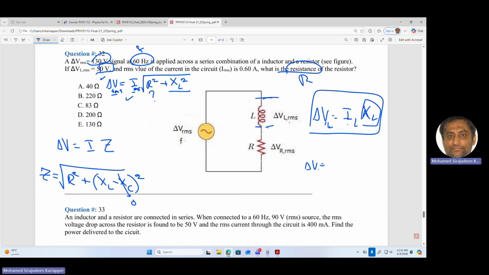That is this voltage. And the current is also given to us, 0.6. That means I can find XL. XL is equal to 50 divided by IL.